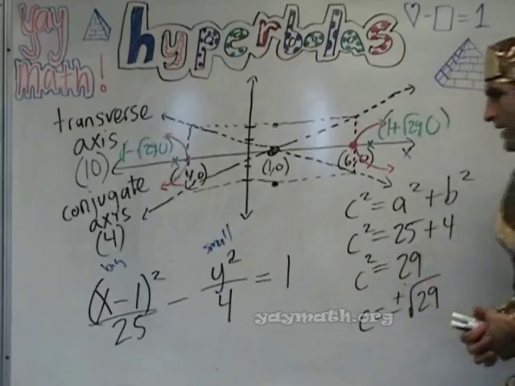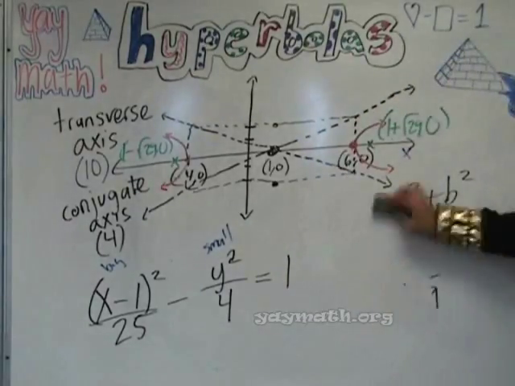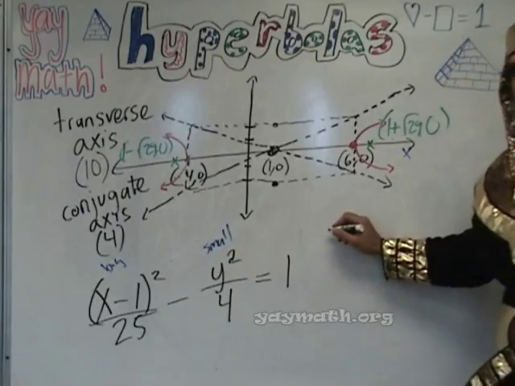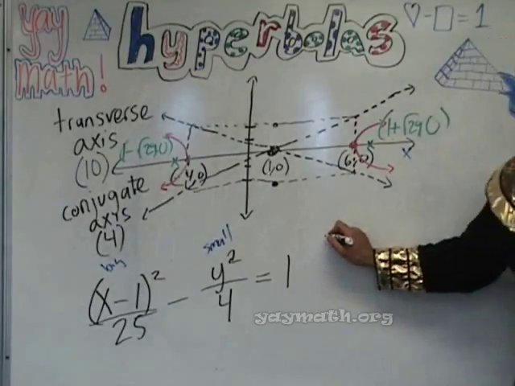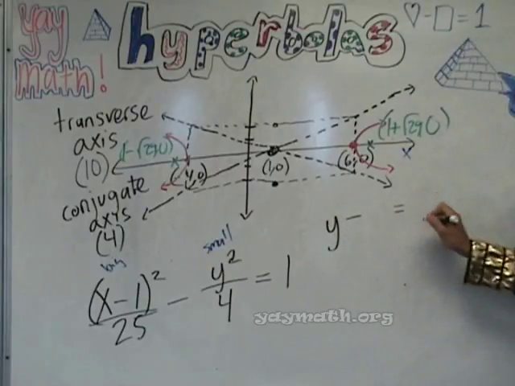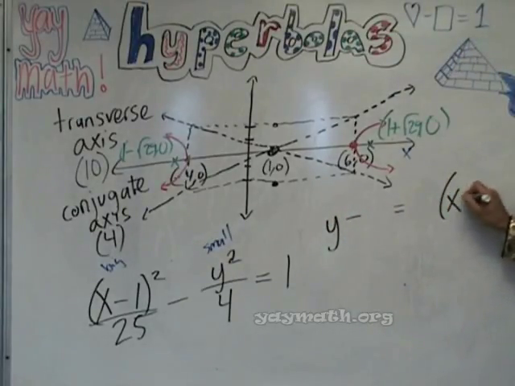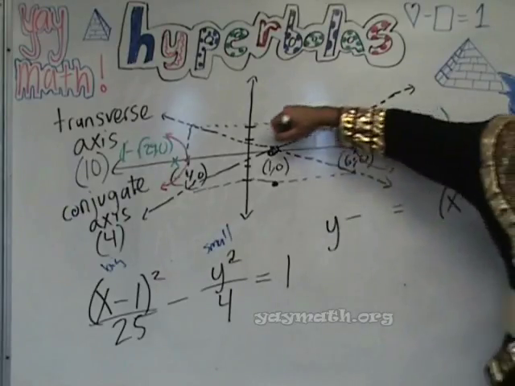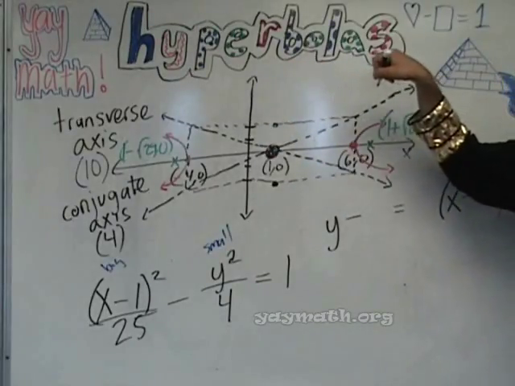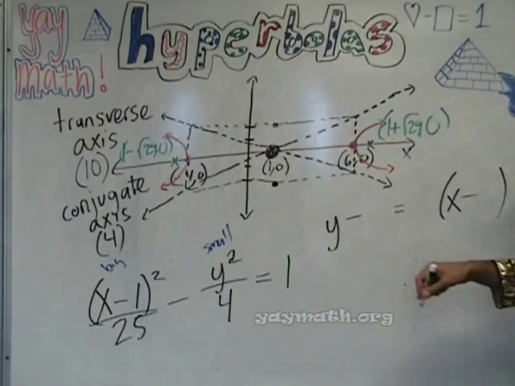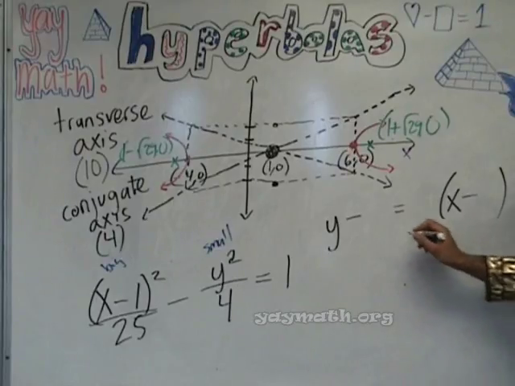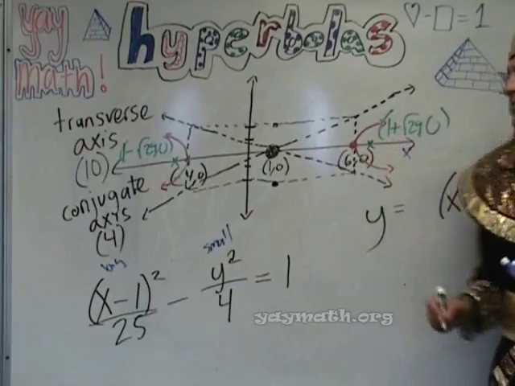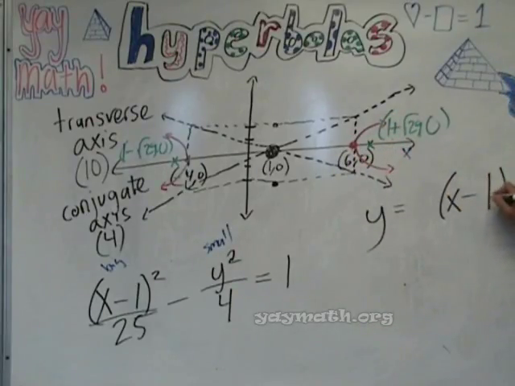Okay, now let's get the equations of the asymptotes. Is that like point-slope? Yes, point-slope form. How does it start? y minus y1 equals m times x minus x1. We need a point that both of the lines touch. The center, 1, 0. So y minus 0 is just y, equals m times x minus 1.